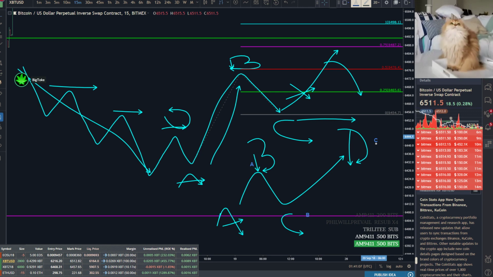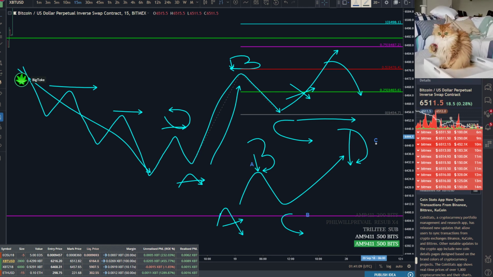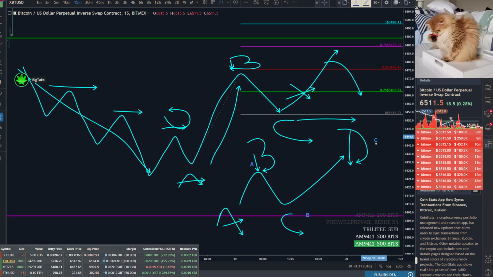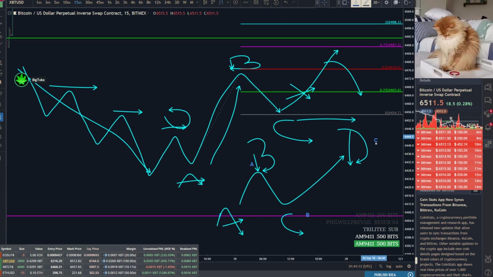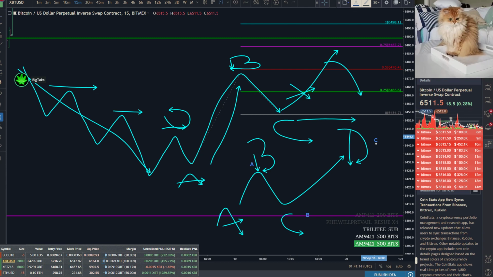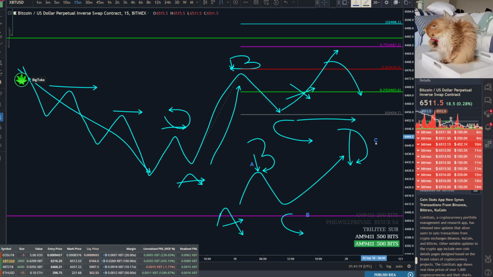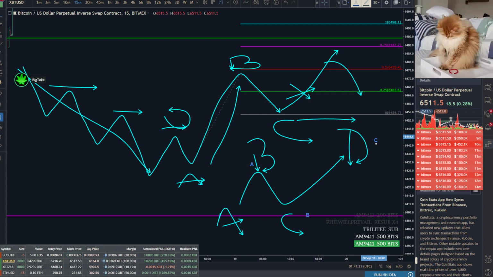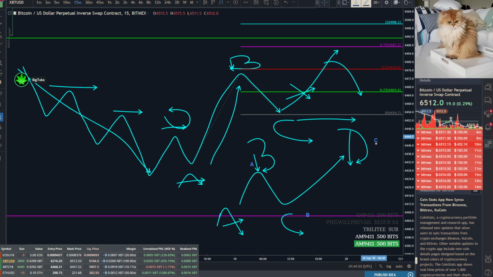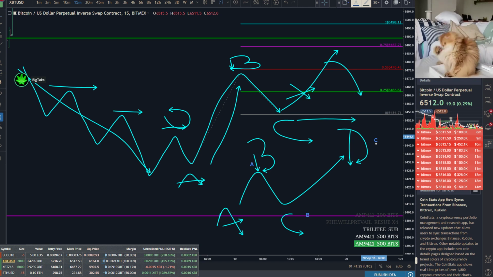I'm not saying Elliott wave is bad, because I know some amazing Elliott wave technicians who kill it and who crush it. But for me, I'm a simple man. I kind of like to simplify things. I'm a very big fan of keep it simple, stupid.